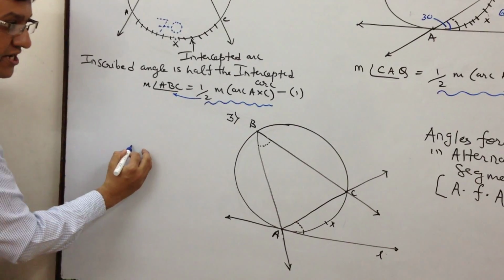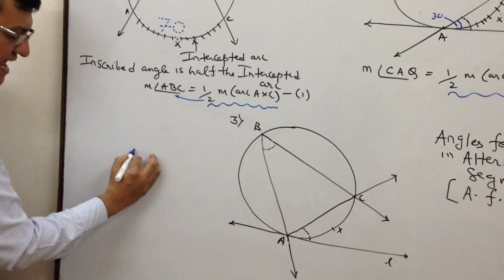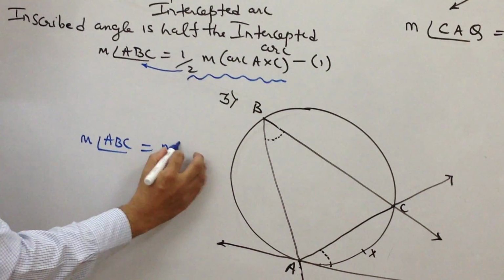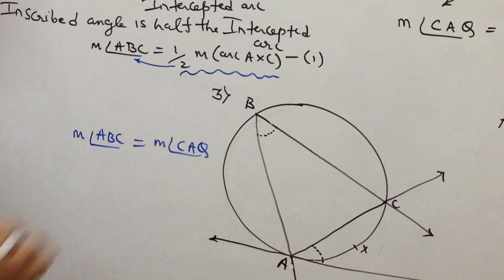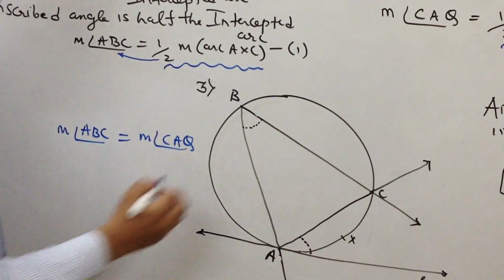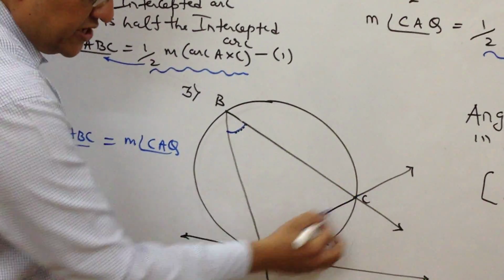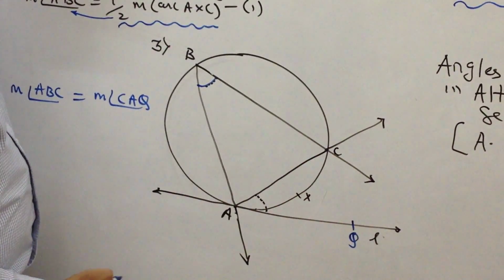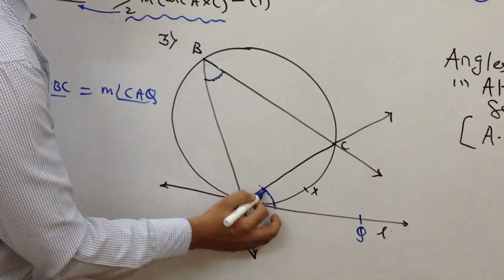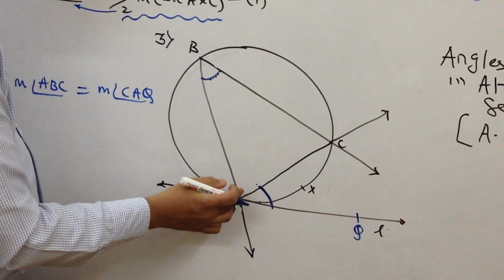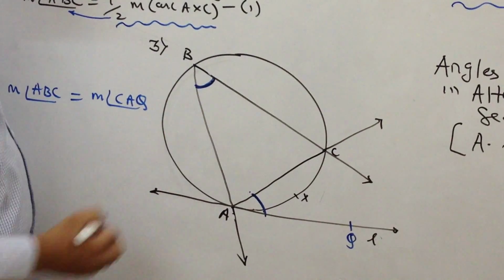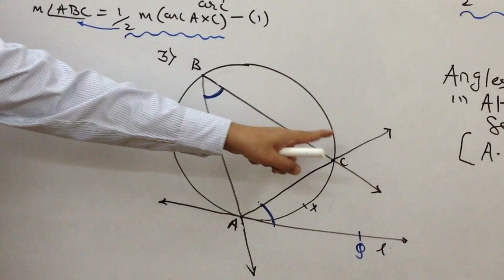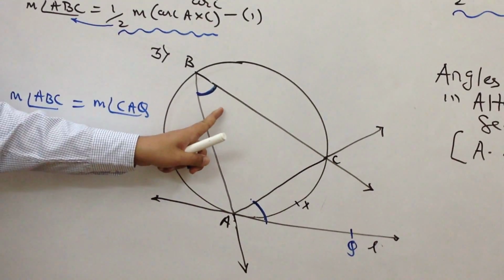Thus we get a new theorem, angles formed in alternate segment, and we get measure angle ABC is equal to measure angle CAQ. Let us name this as Q. Mind you, these are angles which are formed in alternate segments, and angles formed in alternate segments are always congruent, they are always equal.